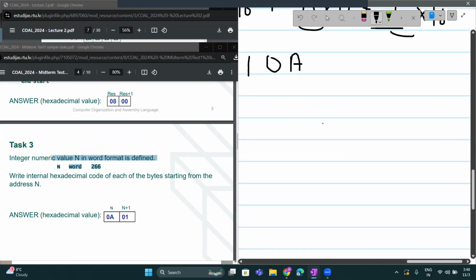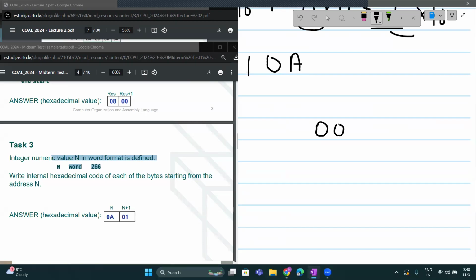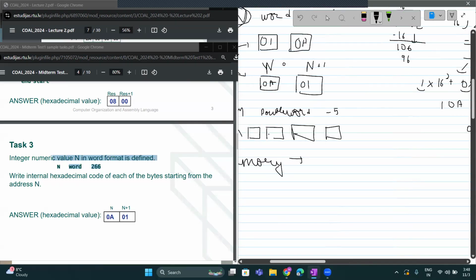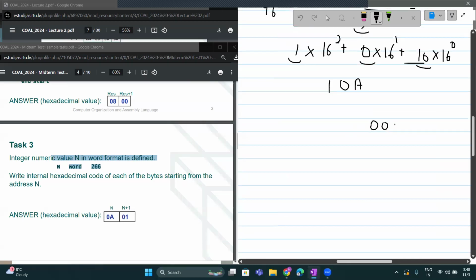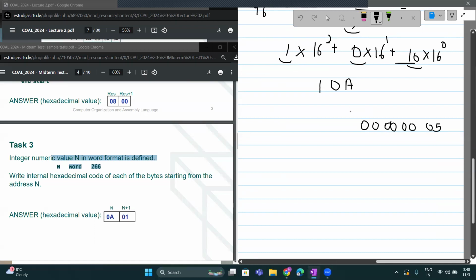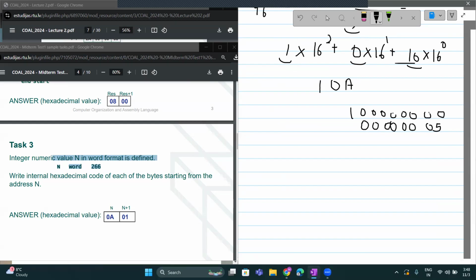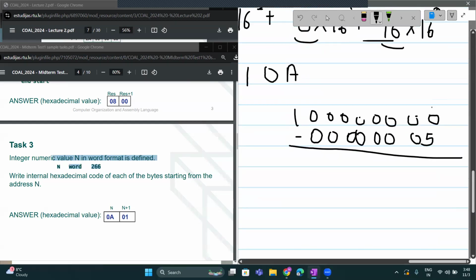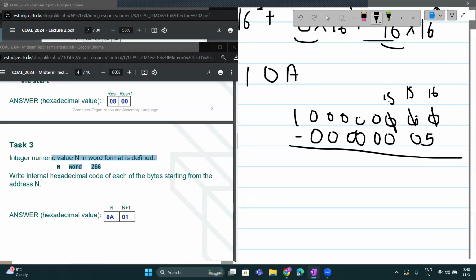So first of all, we write positive 5 in hexadecimal in double word: 00000005. And we subtract this from one extra digit. And when we subtract, again 15, 15, 15, 15, 15, 15, 15, and here 0. 16 minus 5 is 11.